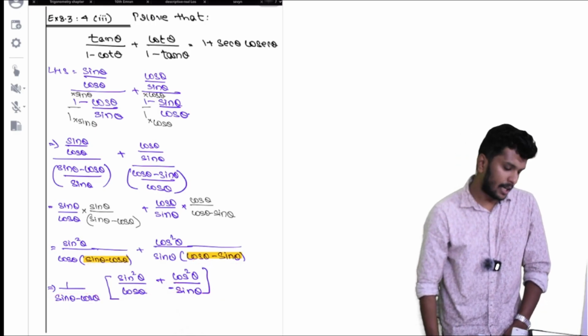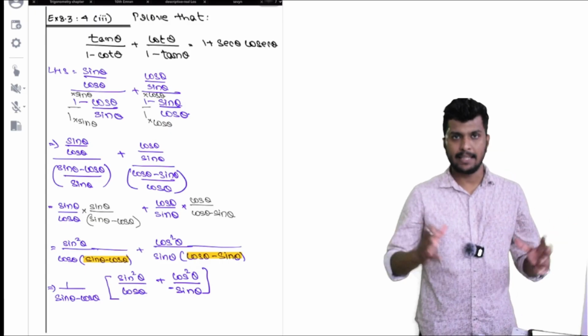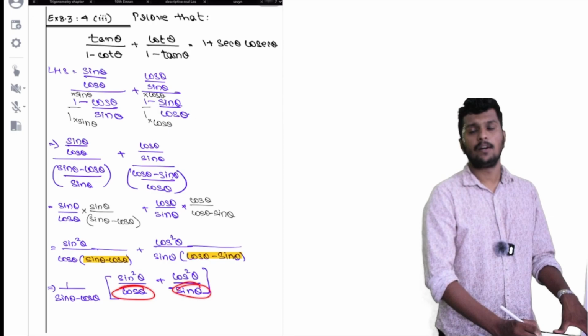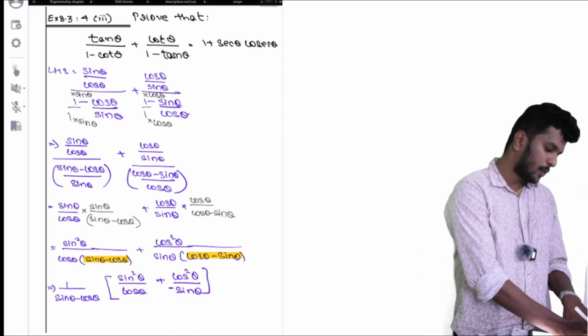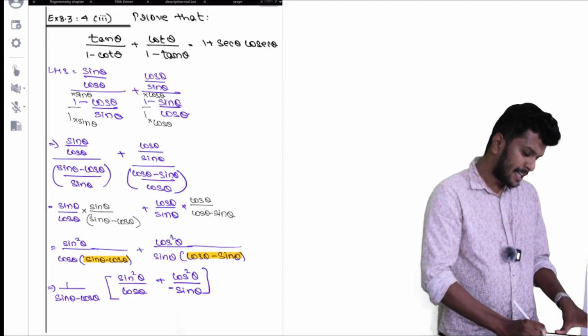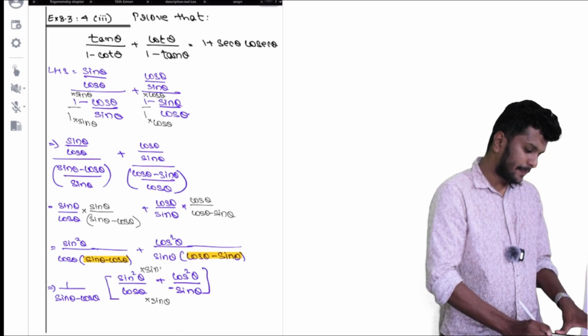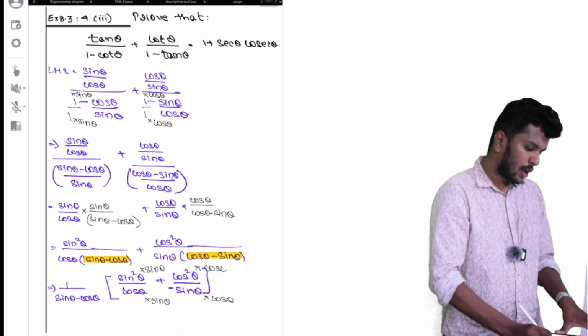Now we take the LCM inside the bracket. Sine theta cos theta is the LCM.